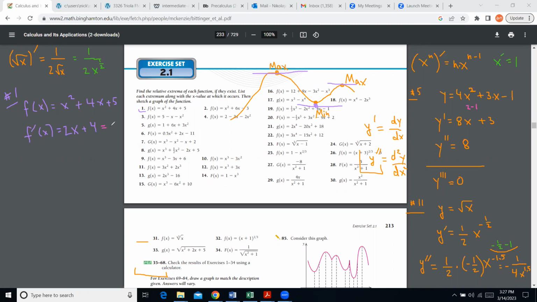So that's the key part of solving this exercise. And then I will be able to find what value of x actually makes this derivative equal to 0. And looks like it's -2, isn't it? x is equal to -2.